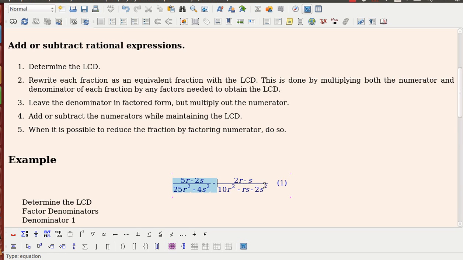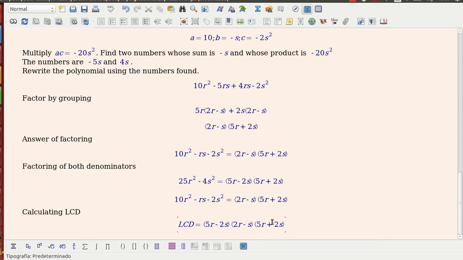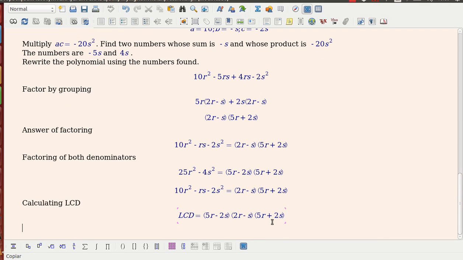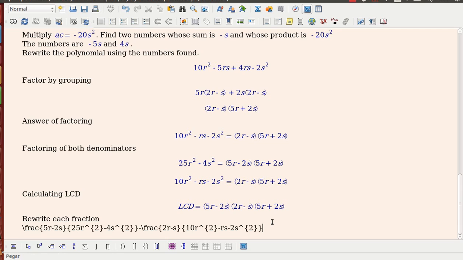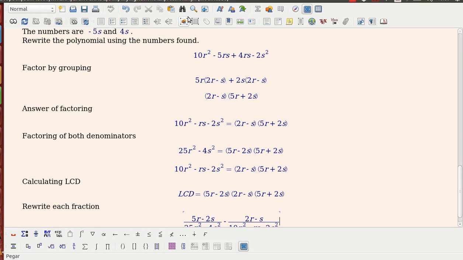So let's move our fractions and rewrite each fraction.